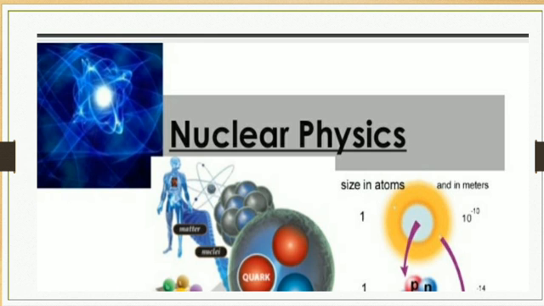Because in the universe, all objects are made up of atoms. Shall we go to the topic?